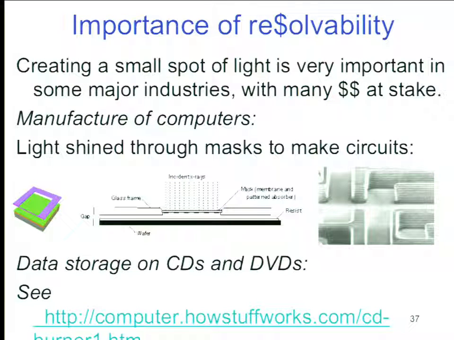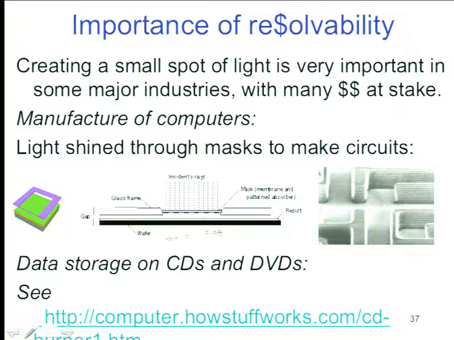So that's one thing. The other thing is this, namely, not only do you want to see things that are large, but you want to make things that are small. And so one of the things that goes into your cell phones and computers is they try to make these little circuit elements as small as possible. One way of doing it is by making a mask and shining light through the mask onto a polymer, which changes by photochemistry the nature of the chemical.